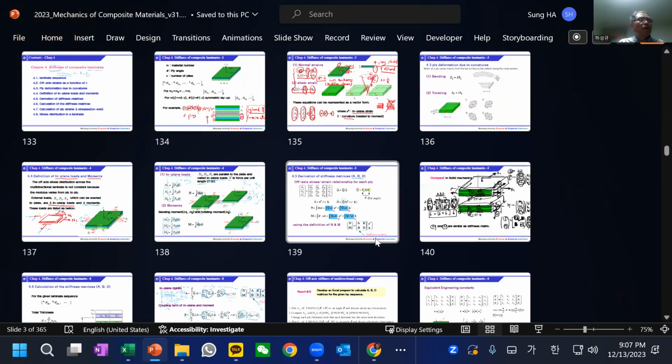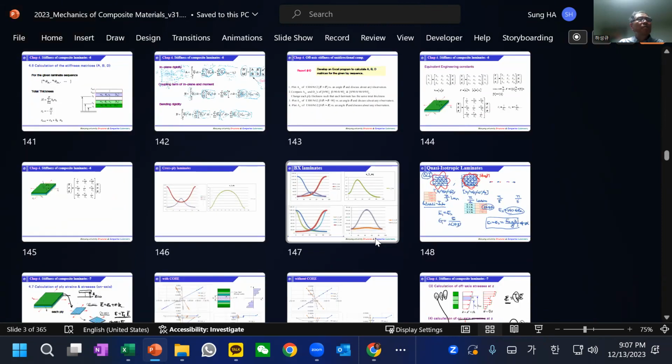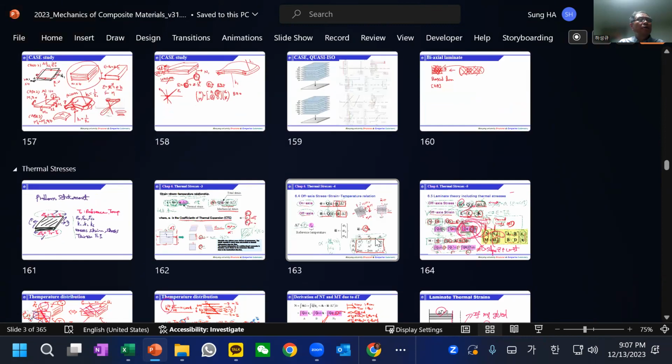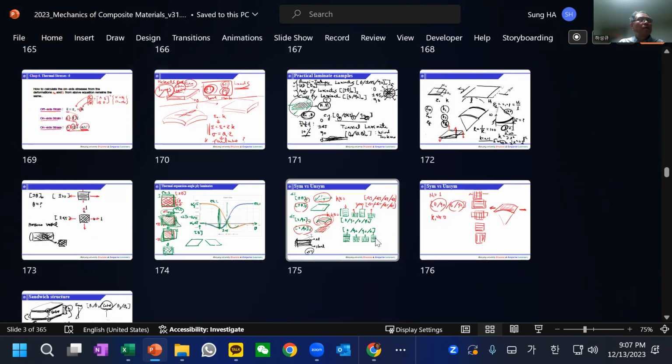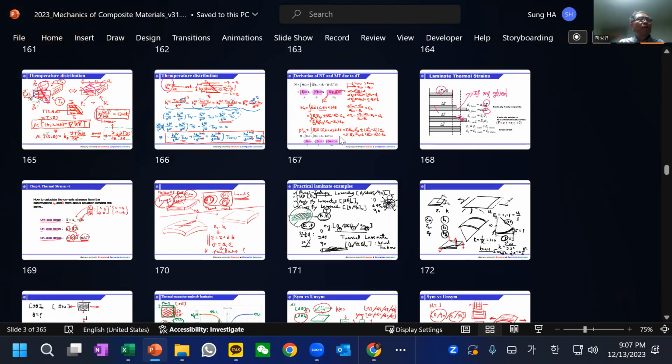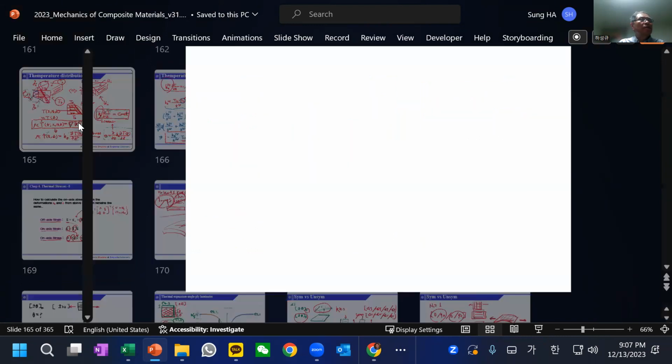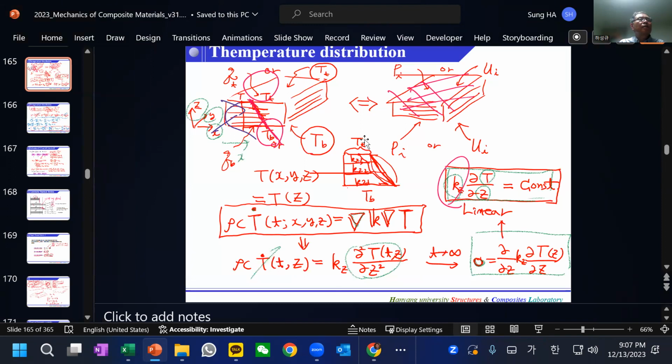There's a temperature gradient over time, and also a temperature gradient through the thickness. This is conduction, but transient. This surface may be subject to a convection condition or a very different boundary condition, which we're not gonna cover in our class.